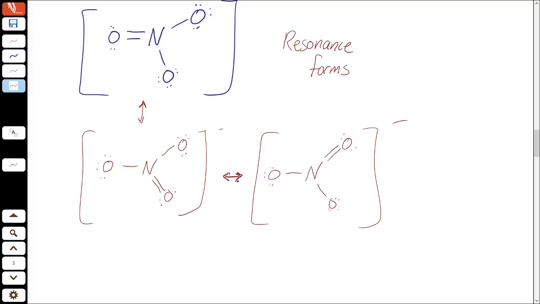But in the original theory of this, they thought that what was happening was that the double bond was basically flipping around, like it was oscillating from one form to the other and back again at really high speed. Now we actually have tools that can measure that, and we know that that's not really happening. What's really happening is that the actual structure is a hybrid of the resonance forms.